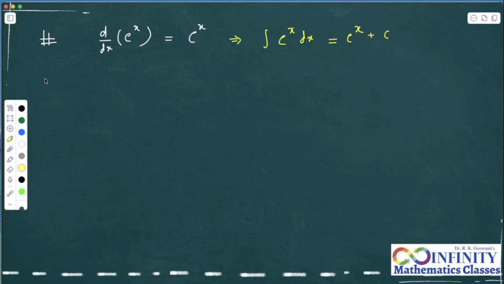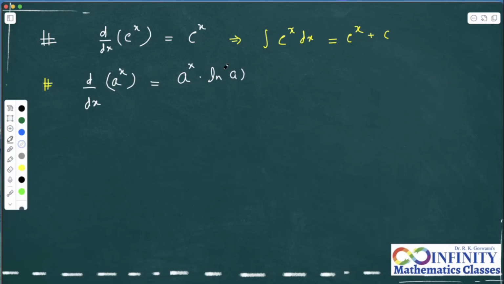There is one more function which is going to be exponential, and you know the derivative maybe. What is the derivative if there is a constant a exponent x? What is going to be its derivative? It is a exponent x, but yes, you need to multiply it by ln a.